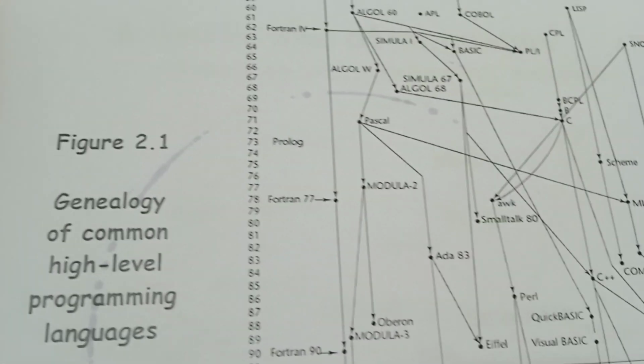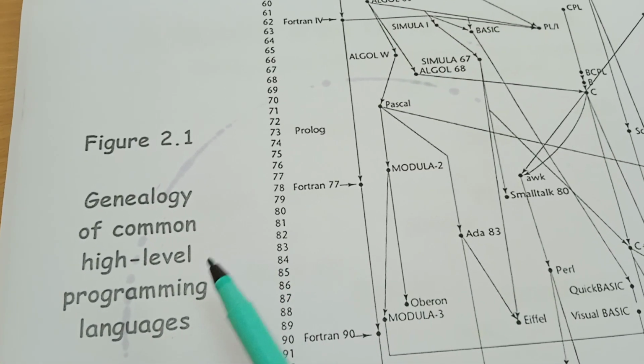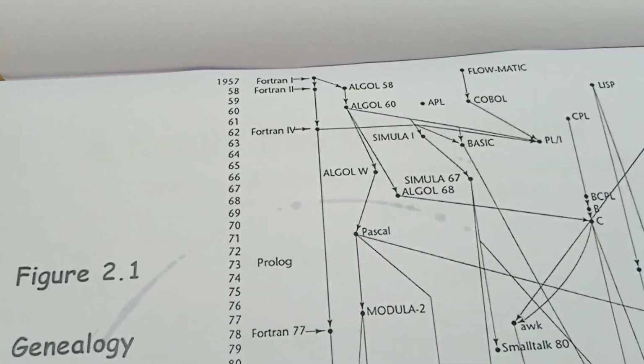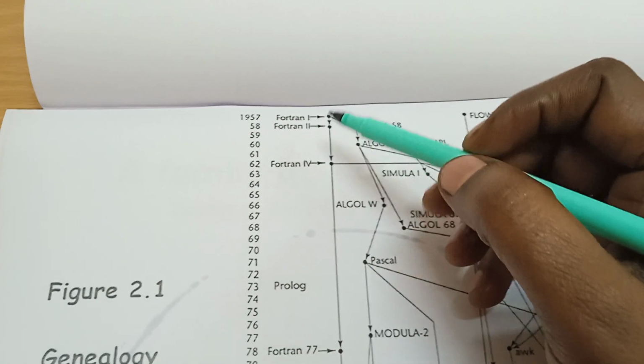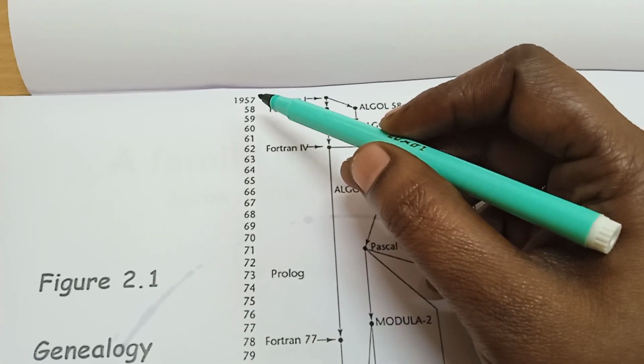Look at this figure. This image is the genealogy of common high level programming languages. I told you just a moment ago that Fortran is the first programming language, introduced in 1957.